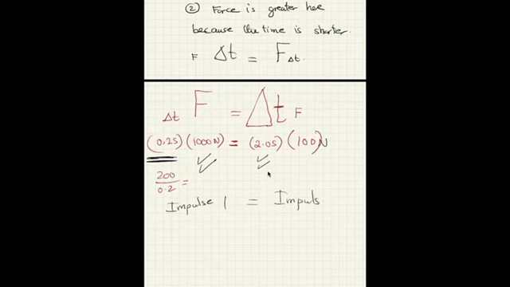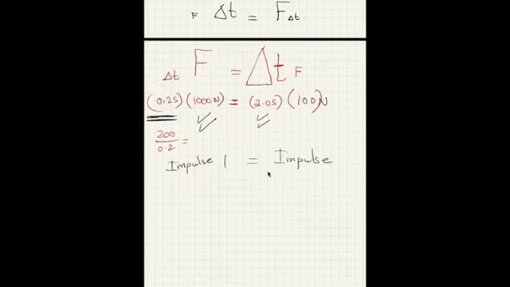If you multiply 0.2 times 1,000, what is it? 200. And 2 times 100 is 200. Then the impulse is the same in both cases, but in one case the time is really short, so the force is big, and in the other the time is long, and this is the reason why the force is less. Does this answer your question? Yes, thank you. You're welcome.